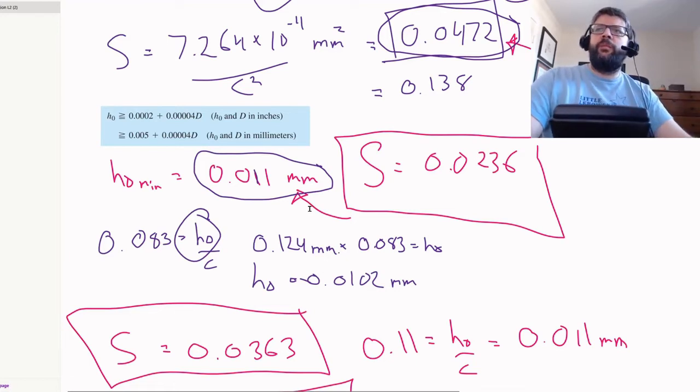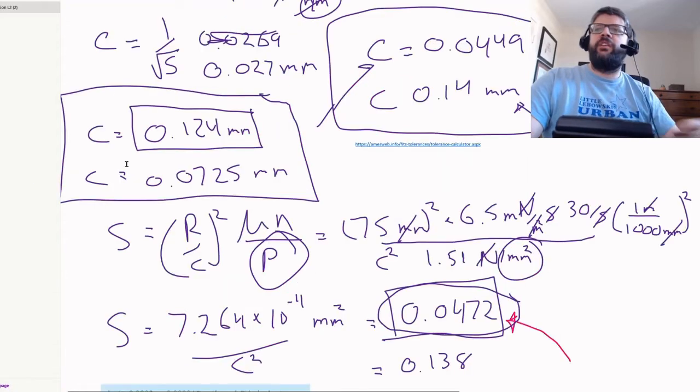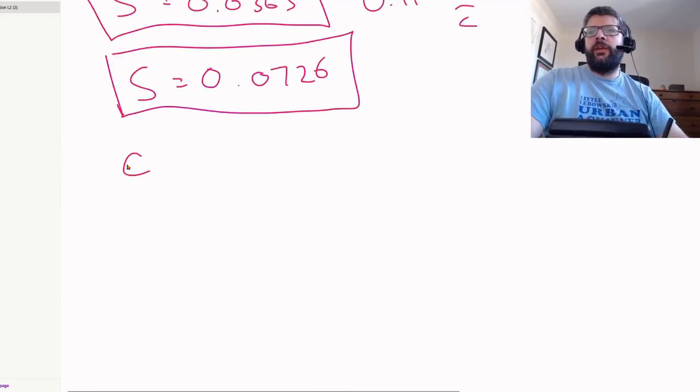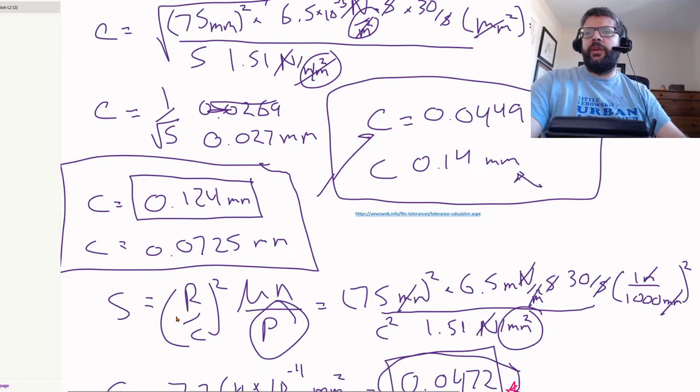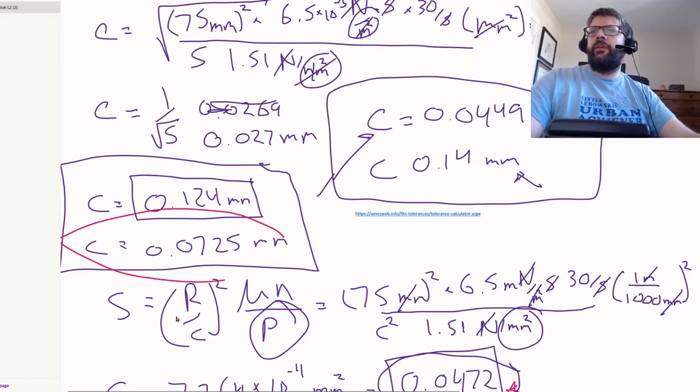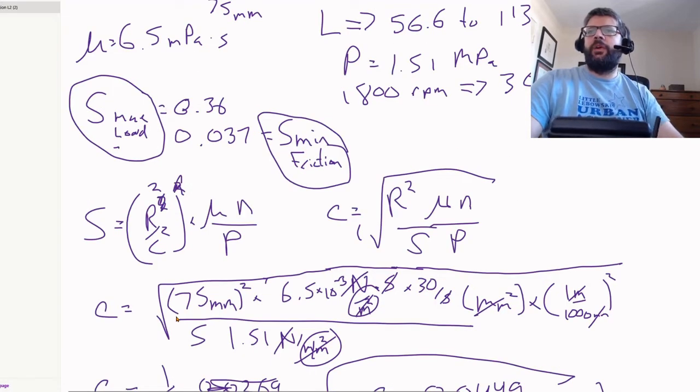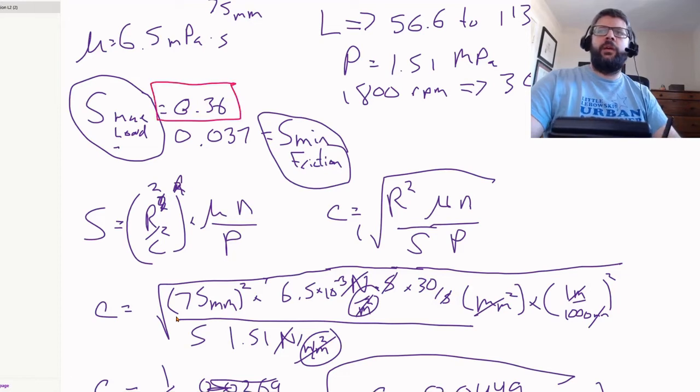So we need to pick some sort of tolerance combination that would result in a maximum radial clearance of 0.1, and we still want to be working with a minimum radial clearance based upon being within the optimal zone, so we still want it to be within the 0.036.